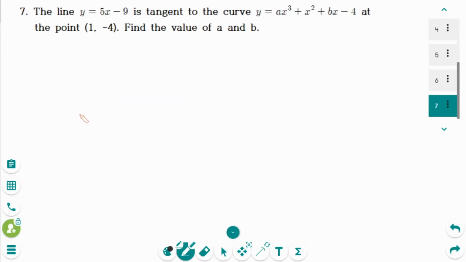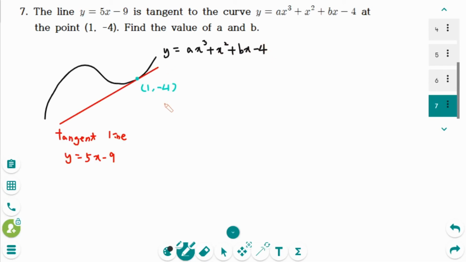This is the last question. Suppose here is the graph of y equals ax cubed plus x squared plus bx minus 4. The tangent line is here. Let's say here is the point (1, minus 4). So (1, minus 4) lies on the curve.